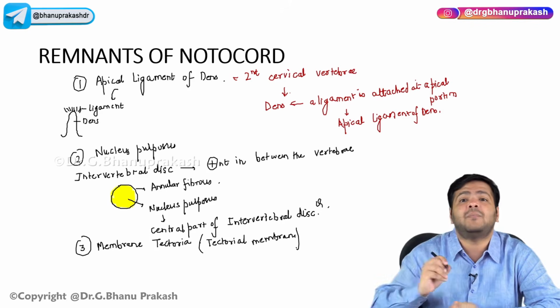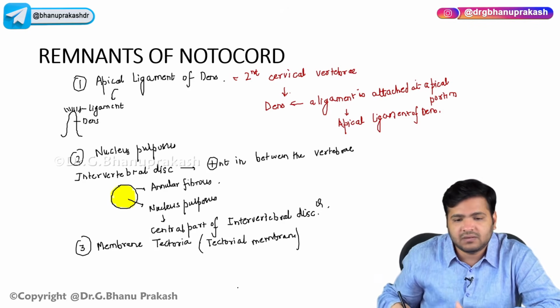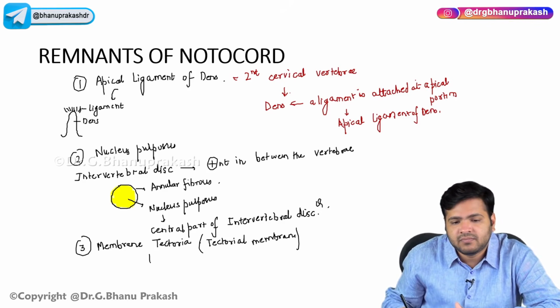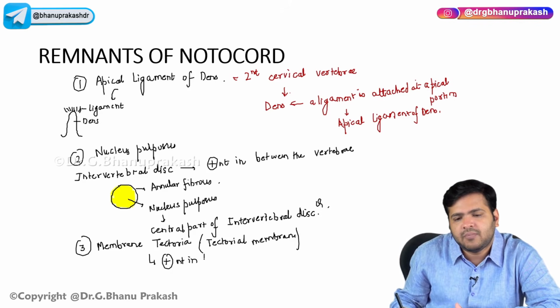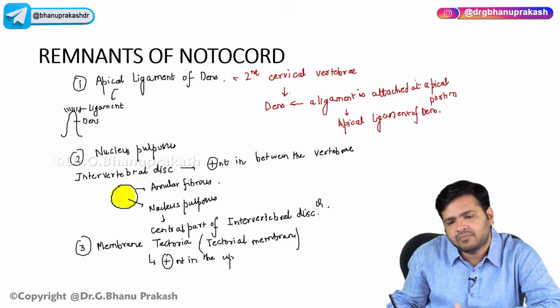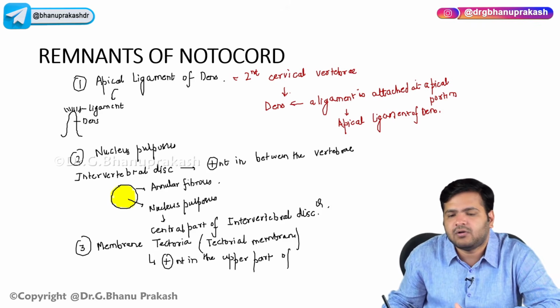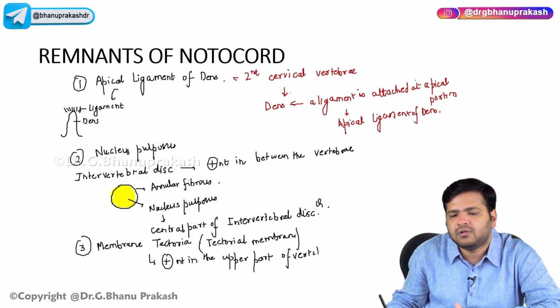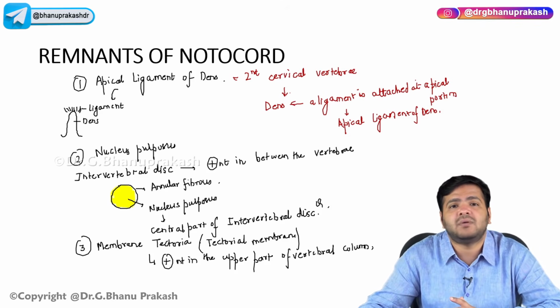It is present in the upper part of the vertebral column, right? So that was about the remnants of the notochord.